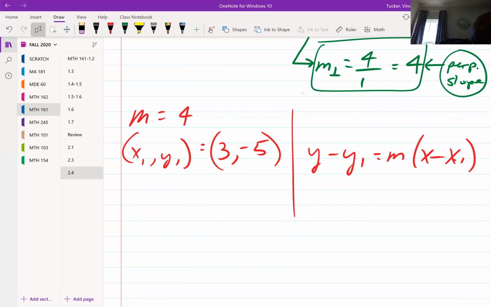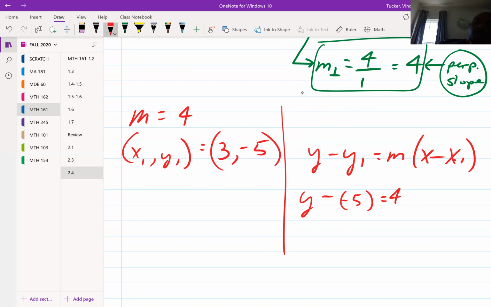All right, so there's a formula: y minus y1 equal to m times x minus x1. So it's y minus -5 equal to 4 times x minus 3. So that's y plus 5, since negative to negative is positive. Distribute the 4.